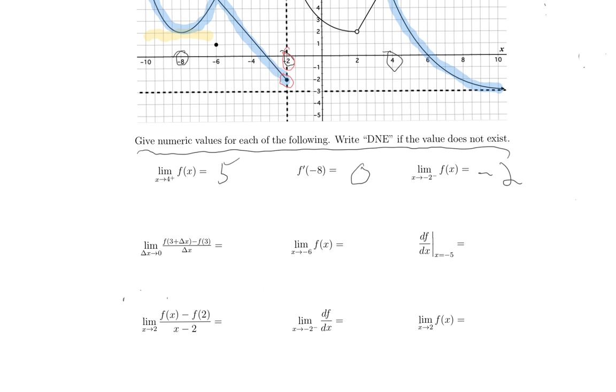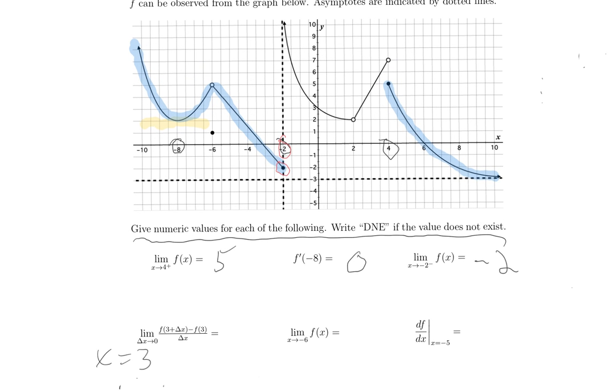Specifically, because we have this f of 3, we can say that this is the limit definition of the derivative at x equals 3. So we are going to find x equals 3 in our graph here. While we're not given exactly where x equals 3 is, we can definitely see that it's going to be somewhere between this 2 and 4, so it's going to be right here.